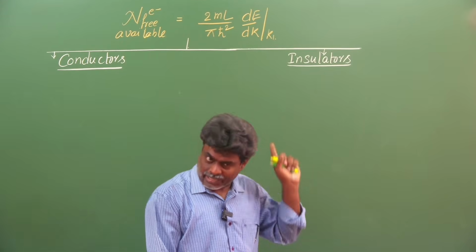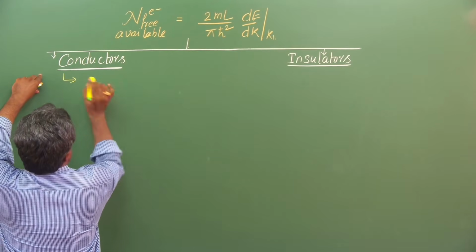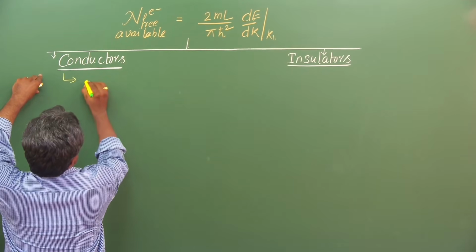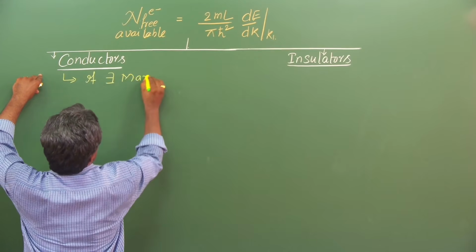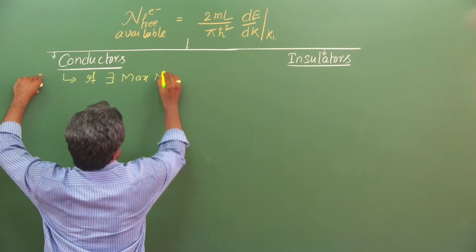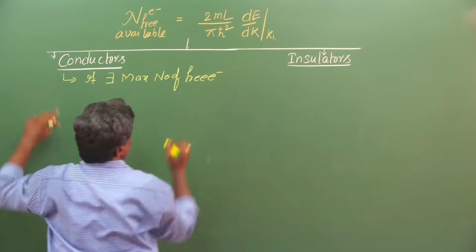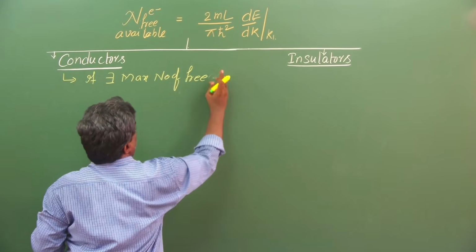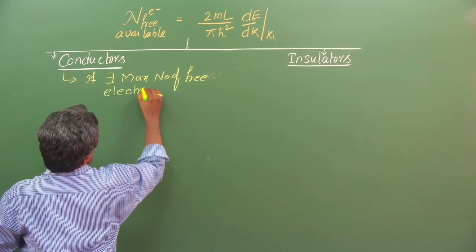On that condition, let us apply. When do you say that it is a conductor? If there exists the maximum number of free electrons.